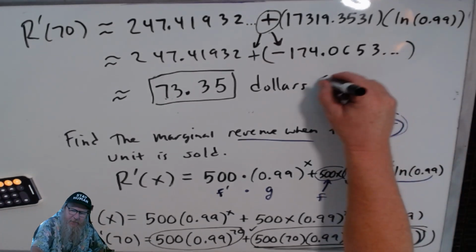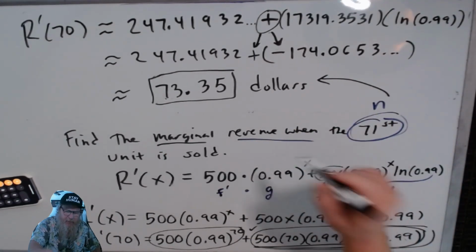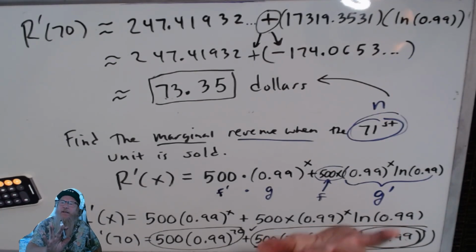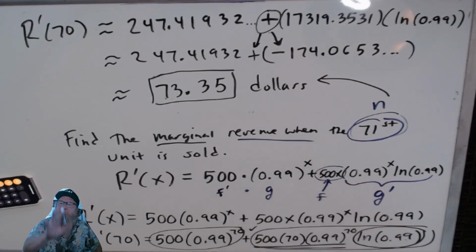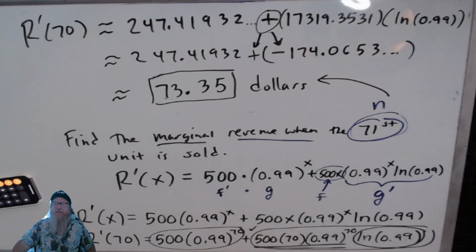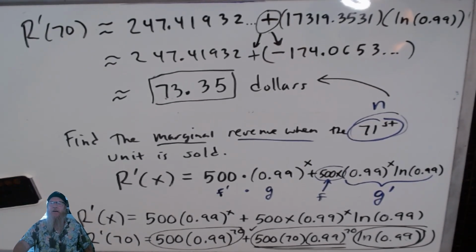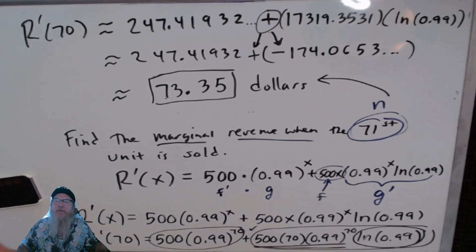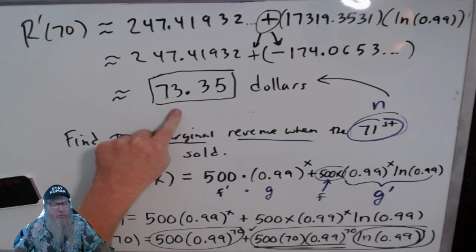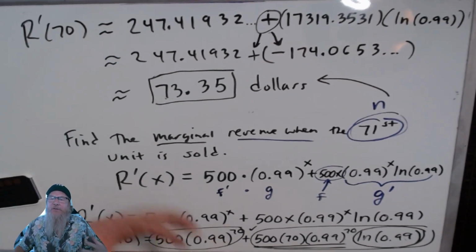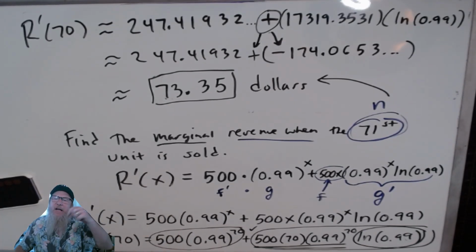So that is the price, or that is not the price. Sorry, it's not the price. That is the revenue of the 71st item. I'm not going to ask it in this question, but you might be curious. That's how much revenue you're bringing in when you sell that next item, right?